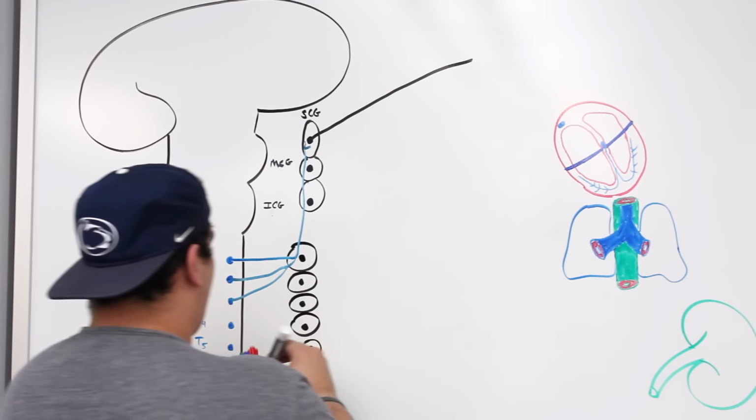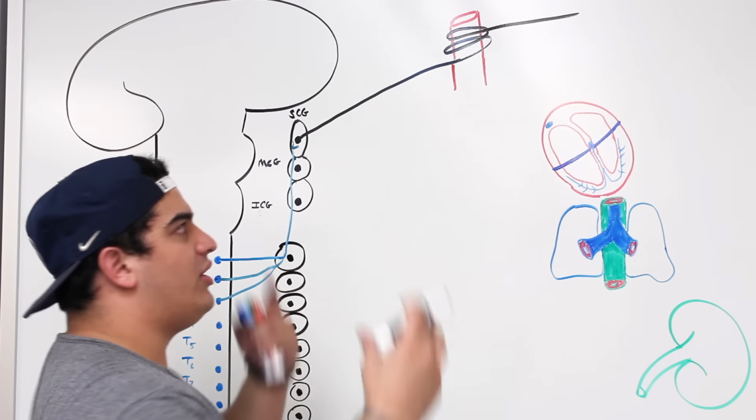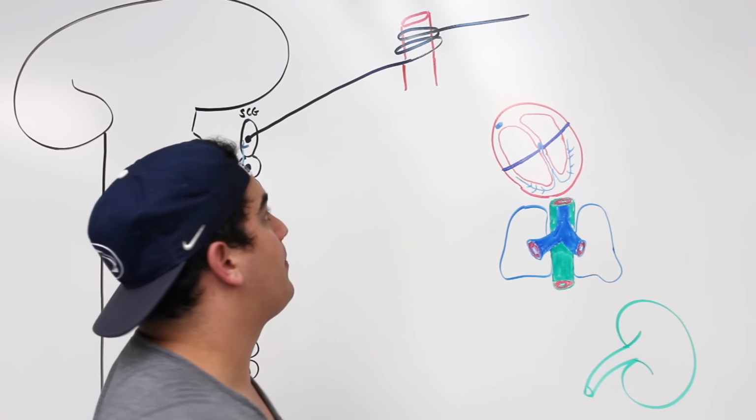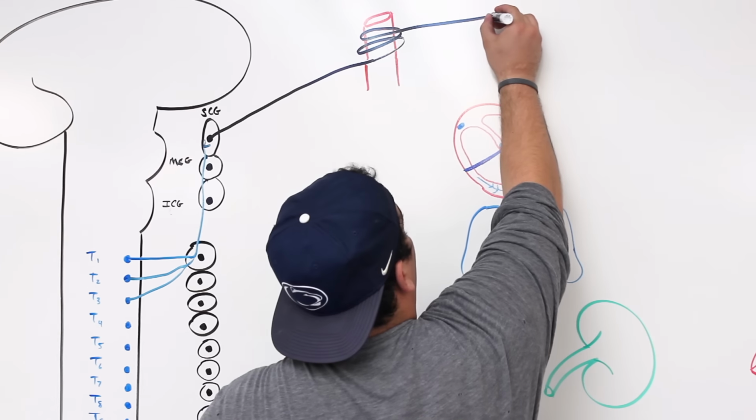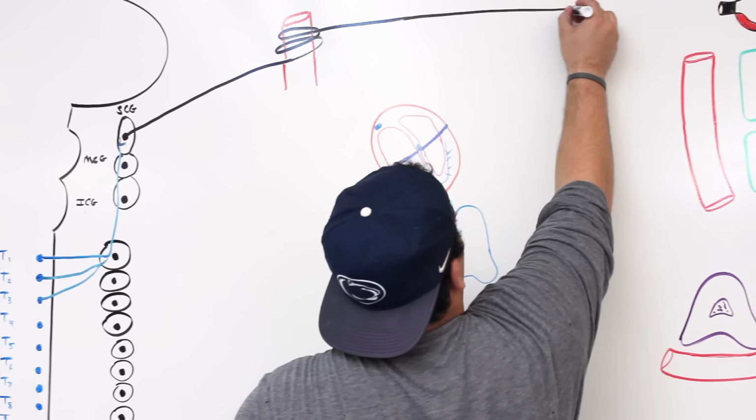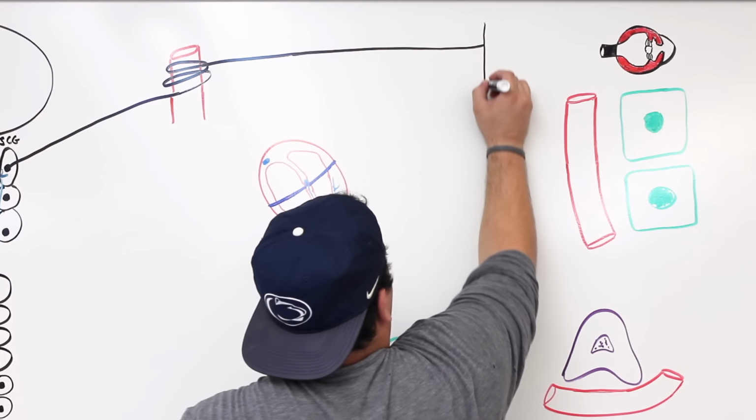This nerve fiber swirls around the internal carotid artery, and when it does that, it forms a special plexus. We call this the carotid plexus, and it can go to different portions around the head and neck. The main one we're going to talk about first is the eye. It's going to supply a lot of different structures here.